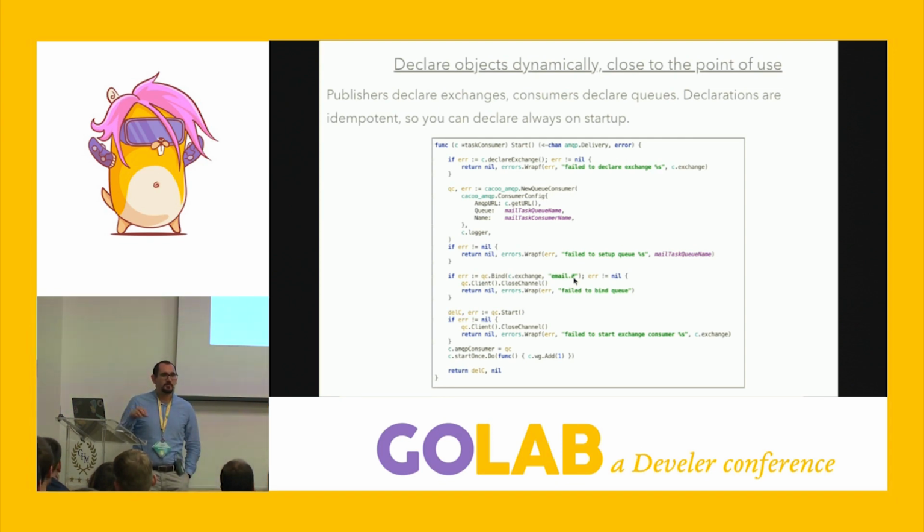But those are different from regex or bash, for example. The star actually means one word. So if you have email.star, it will match everything that has email.something and nothing else. And if you want to match any number of words separated by the dot, you need to use hash. So it will match email.foo.bar, email.foo.bar.baz. So that's a small gotcha.